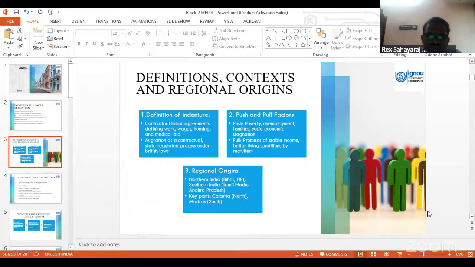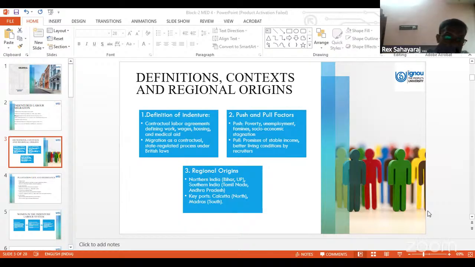And you see in your table the period of migration and the names of the colonies. If you see Mauritius, from 1834 to 1900, there are approximately 4 lakhs 50,000 immigrants from India. And you see Malaya, there are 2 lakhs 50,000.